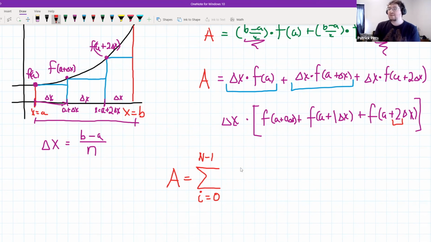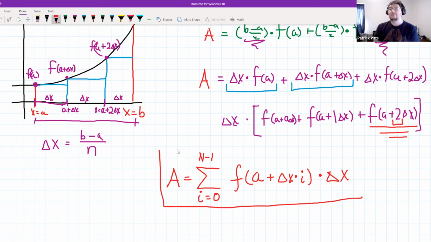That's going to be the function f evaluated at a plus delta x times i. When i equals 0, that's just going to be f of a. When i is 1, that's going to be f of a plus delta x. When i is 2, we're going to have f of a plus 2 delta x, and so on and so on. Then we take that function that we evaluated and got some number and multiply that by delta x.